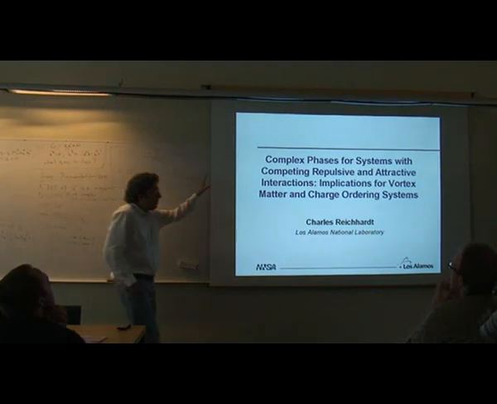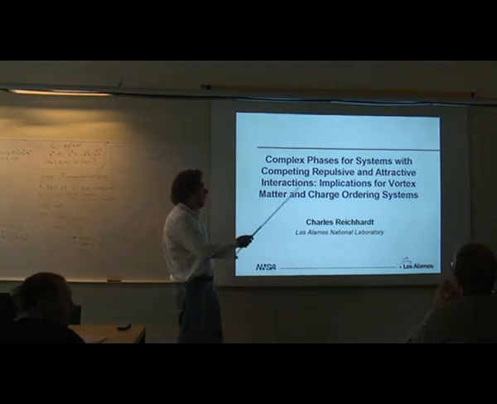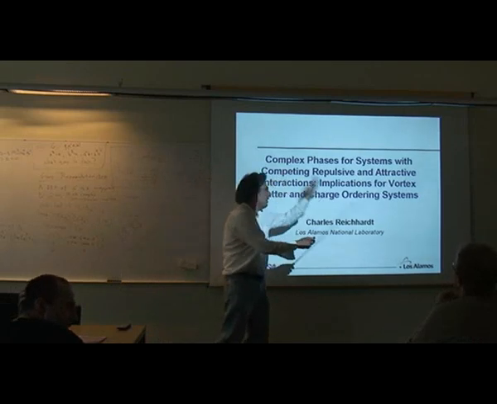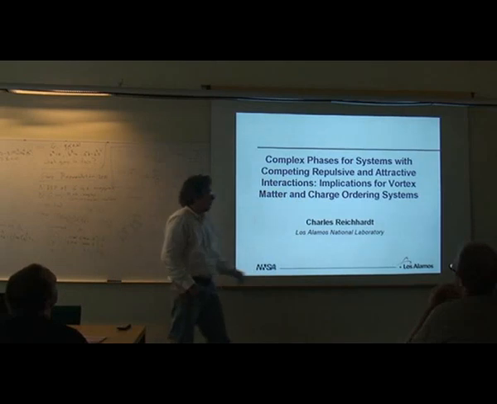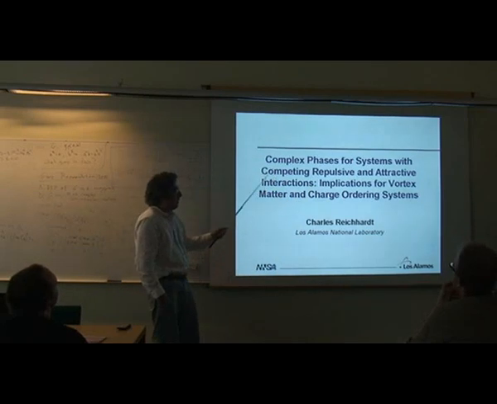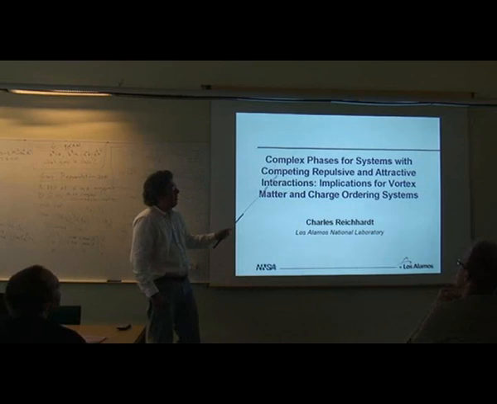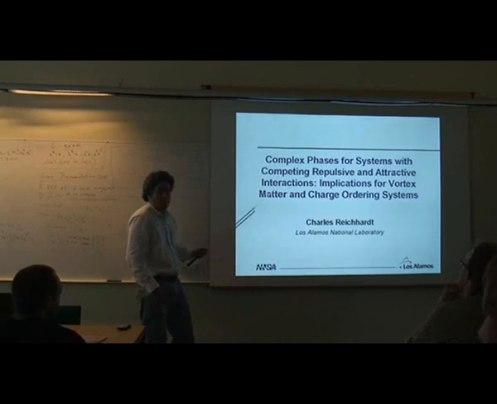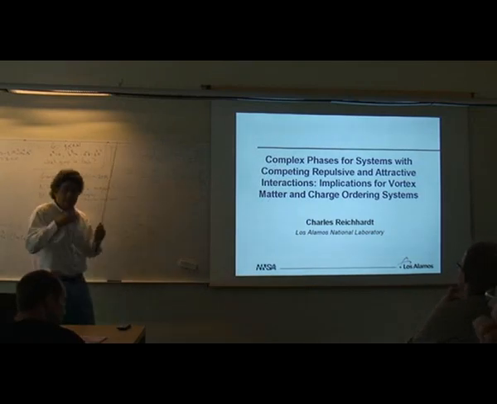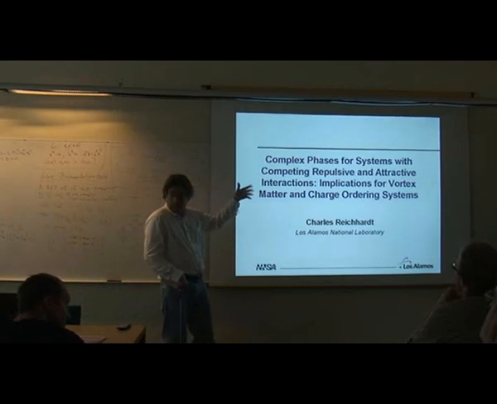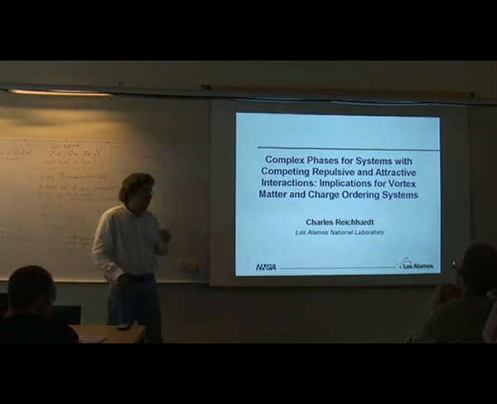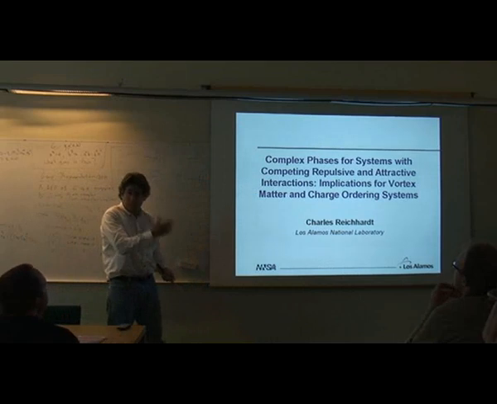So the title is Complex Phases in Systems with Competing Interactions, or Repulsive and Attractive Interactions: Implications for Vortex Matter and Charge Ordering Systems. But I also want to emphasize that many of the same things I'm going to be talking about should also be possible for systems with just repulsive interactions, provided that you have some kind of step in your function so that if you take the Fourier transform of that potential, you have a negative mode.